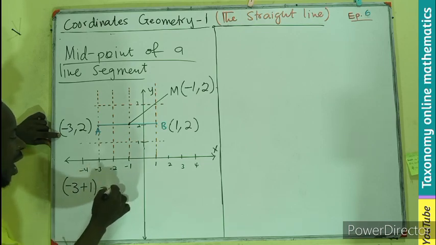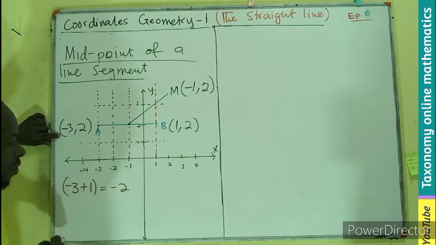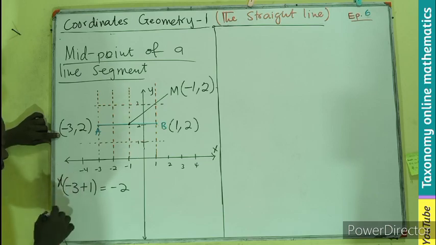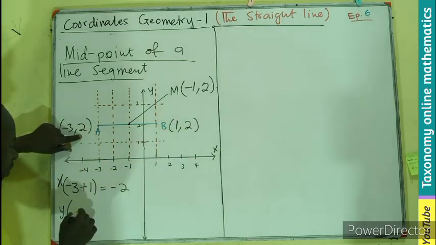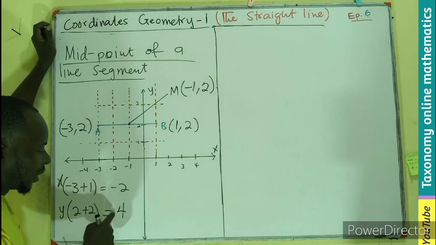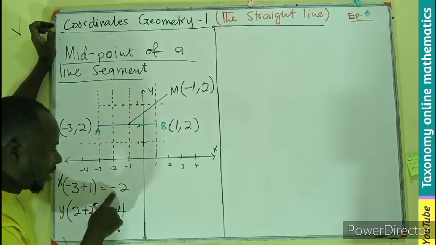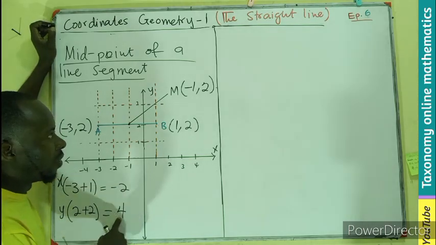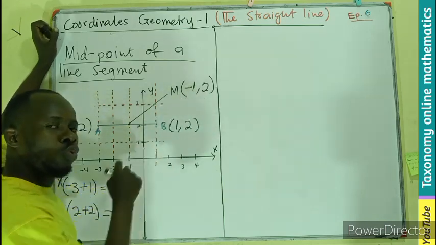What will I get? I'll be getting -2, right? This is for the x coordinate. The y coordinate. If I pick the y coordinate, it will be 2 plus 2, and that will give me what? 4.